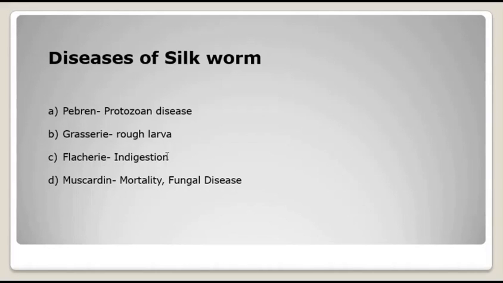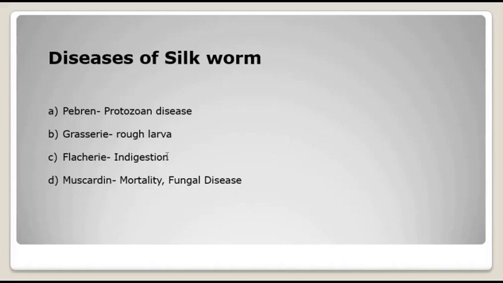The first one is pebrine. Pebrine is a protozoan disease which can sweep out the entire industry. The larvae become pale yellow, reduce in size, and finally the yield is reduced. So that causes a heavy loss to the sericulture industry.